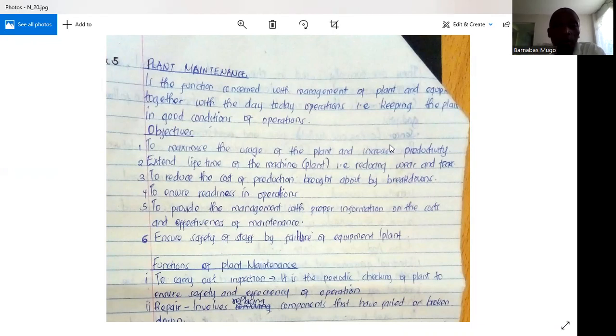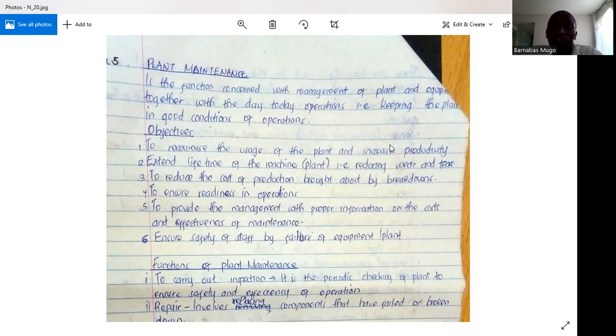We also do plant maintenance to reduce the cost of production that is brought about by breakdown. Another reason is to ensure that the machine is ready for operation anytime it is required to carry out any assignment.